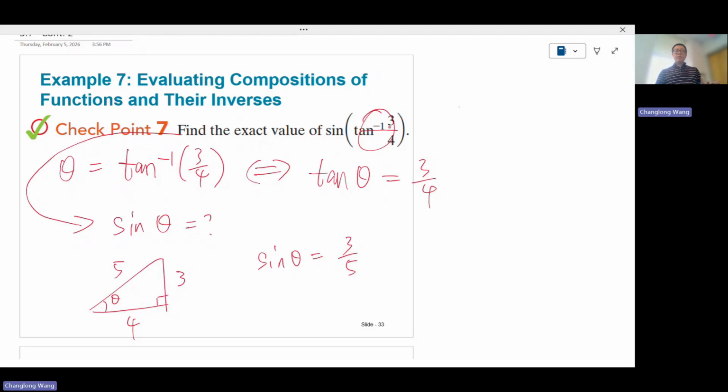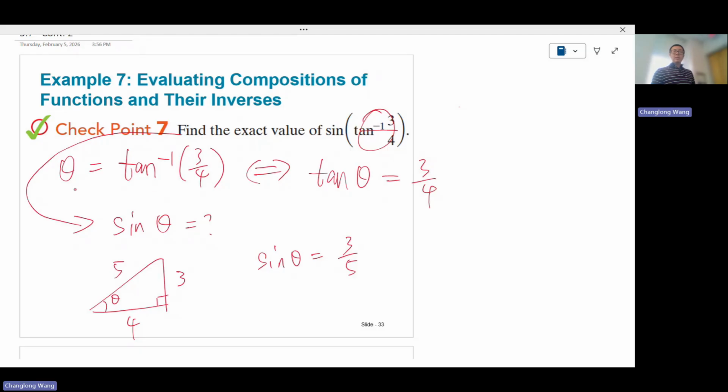So tangent inverse of 3/4 is an angle, but if you don't call it an angle, most people don't realize, and they think that maybe this is something pretty complicated. So the best way is to force yourself to look for an angle that could replace this complicated expression, right? Call it theta, and let it be tangent inverse of 3/4.